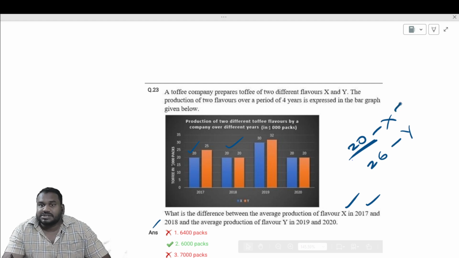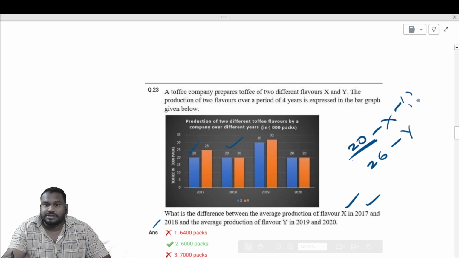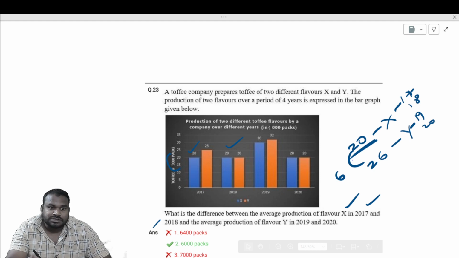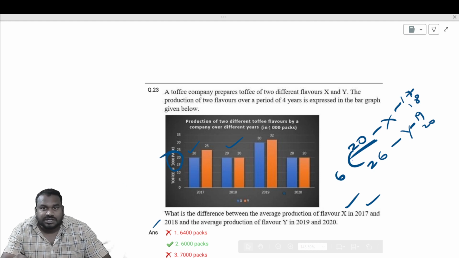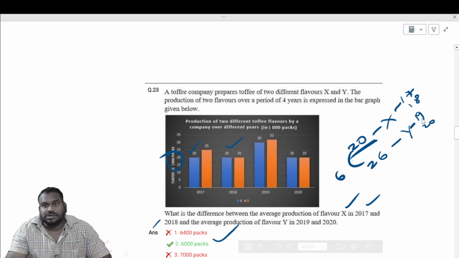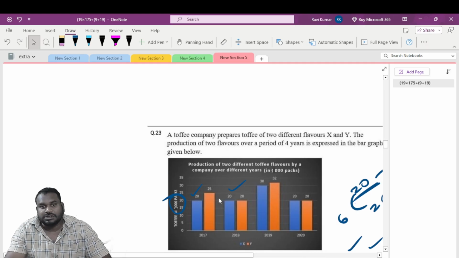This is for 17 and 18, and this is for 19 and 20. Now they are asking the difference between these two. What is the difference? 6. But it should be multiplied by 1000 because the y axis is measured per 1000. So 6000 packs is the answer. 6 into 1000, 6000 packs.